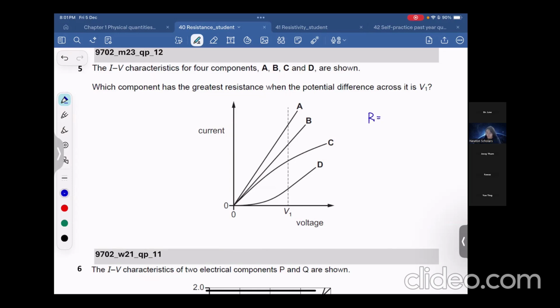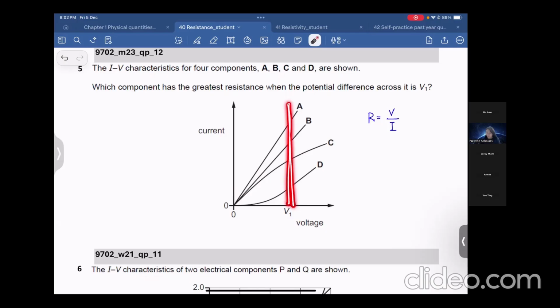Here resistance is equal to V over I. So they draw V-I. That means that you can compare using the same V. Using the same V, then you compare. Fawal, yes. Manjo, yes. Dear, you look at this, okay?